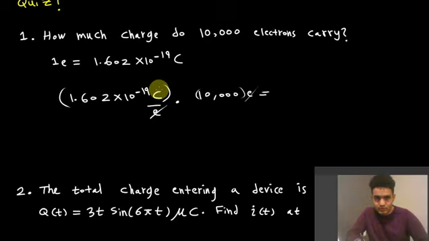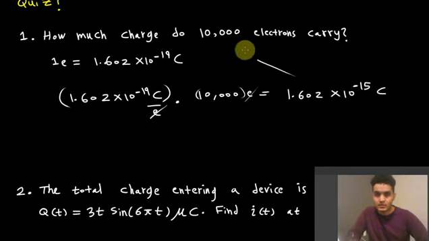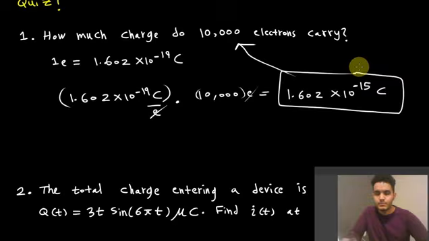So if you have 10,000, you're going to add 4 here to the exponent. So you're going to have 1.602 times 10 to the minus 15 coulombs total for the 10,000 electrons. So that is my answer here.